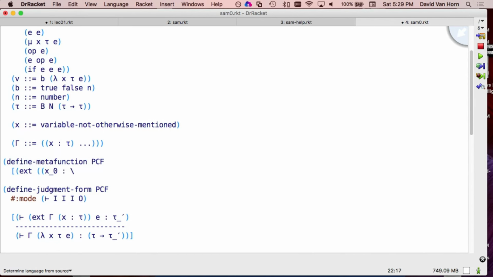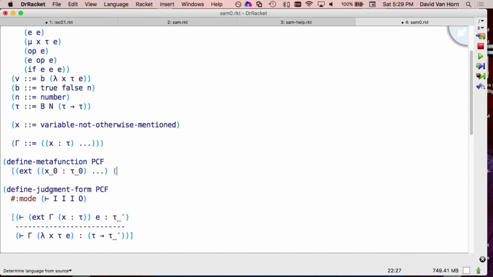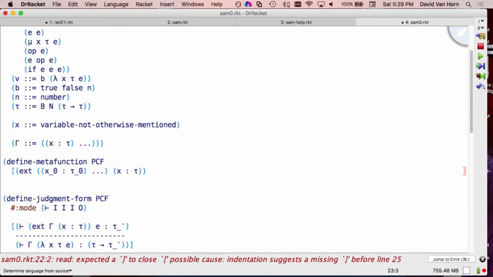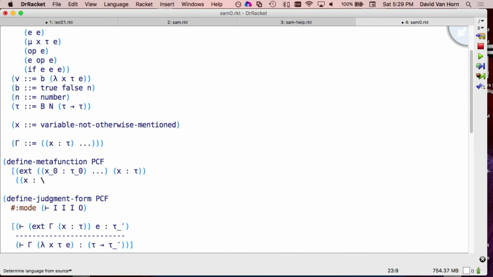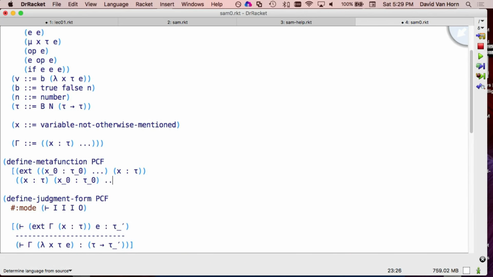If you have a type environment that matches this pattern, then what you get back is just x tau at the beginning, and then all the things that follow that.